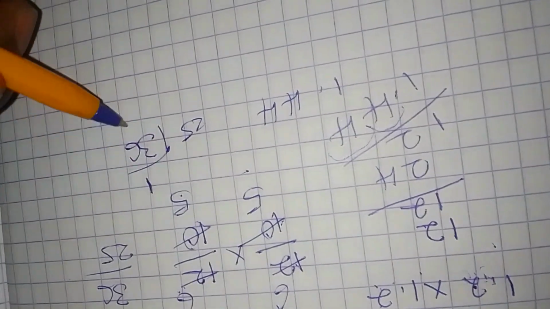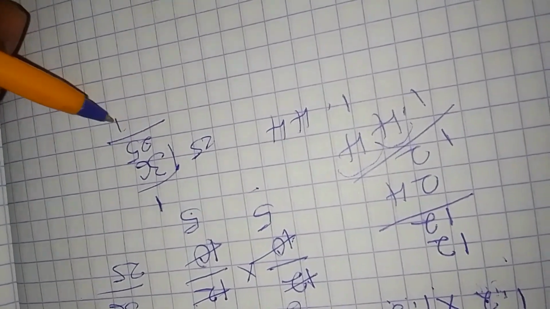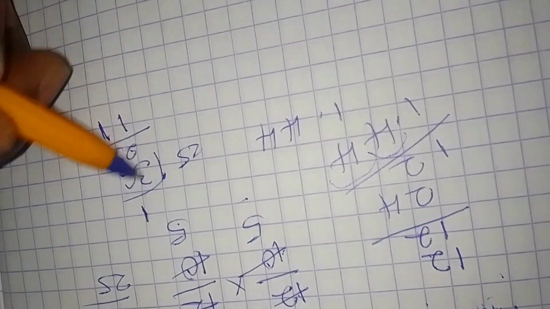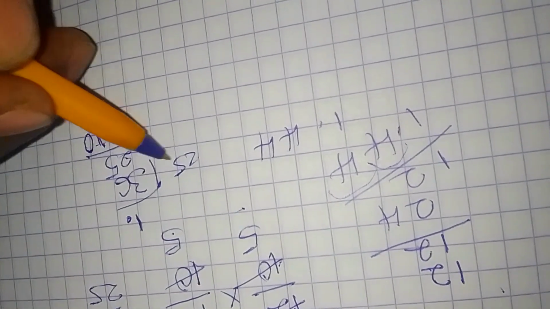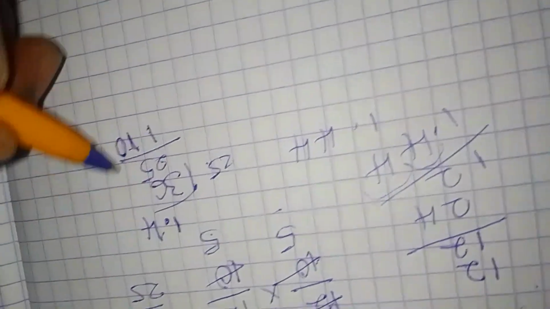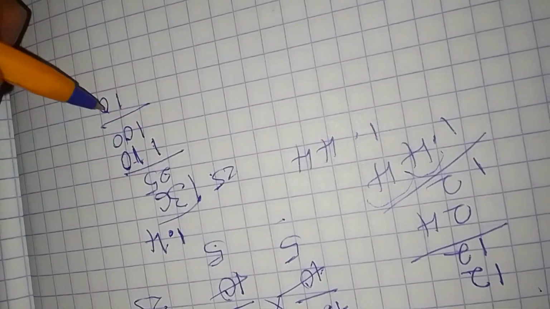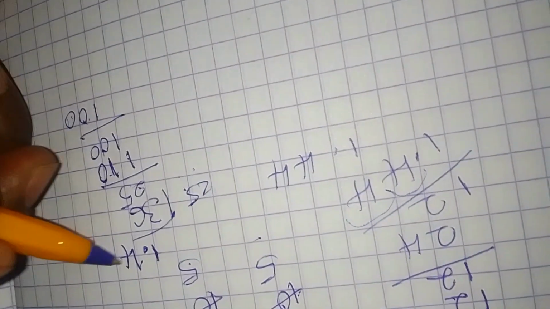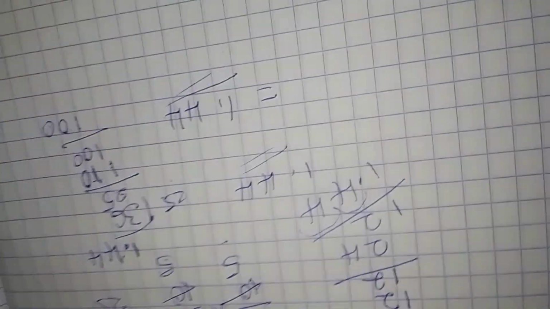It goes 1 time, remainder 11. Because it is not possible to continue, you add a decimal point and then add a 0. It becomes 110 divided by 25. It becomes 4 because of 100, remainder 10. Because 10 cannot divide by 25, you add a 0. 100 divided by 25 becomes 4. So it becomes 1.44. You can see our answers are the same.